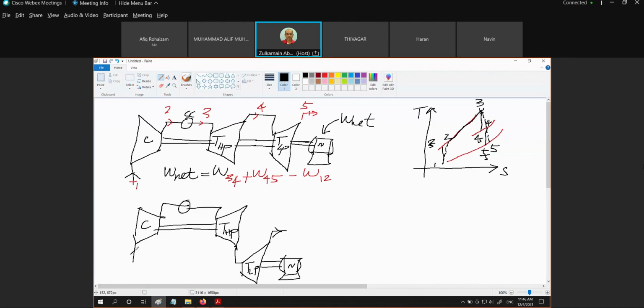Assuming this is state 1, this is state 2, this is state 3, this is state 4, and this is state 5. Assuming there is isentropic efficiency for the compressor, high pressure turbine, and low pressure turbine, then when we sketch the TS diagram: highest pressure, lowest pressure, intermediate pressure.